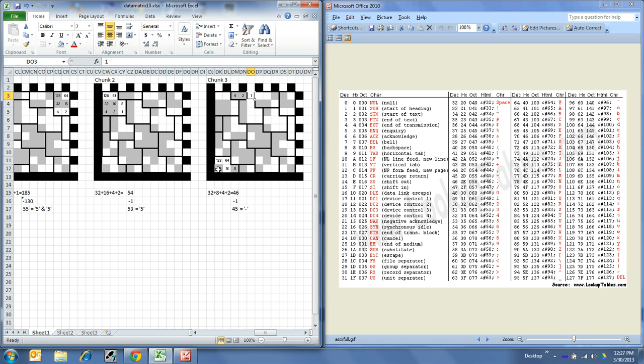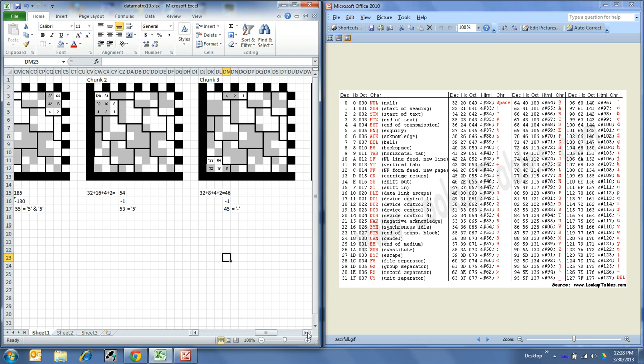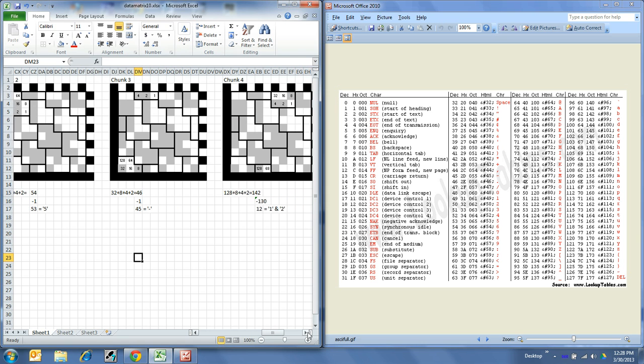So we have 32, 8, 4, and 2 in total. Added together, that gives us 46, which is less than 129. So we know it's an ASCII value, and we subtract 1, which gives us 45. Coming to our ASCII chart, 45 equals the dash. So our next character is the dash. Sweet. We got our first 4 characters right there.